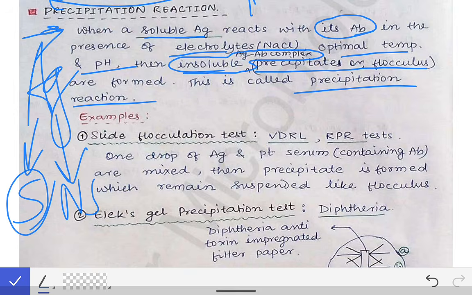Now coming to the examples which may be asked in the vivas or even in the university exams. The first example we have for the precipitation reaction is the slide flocculation test.